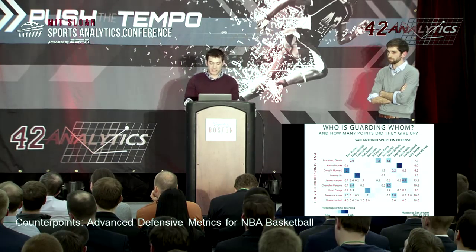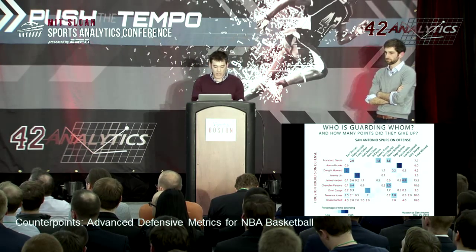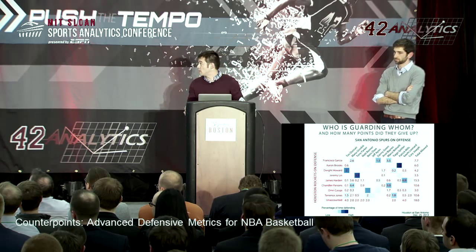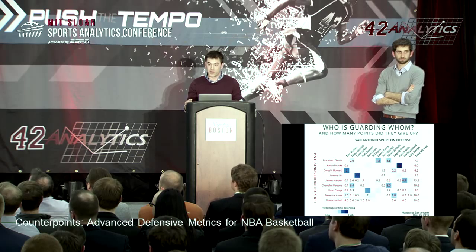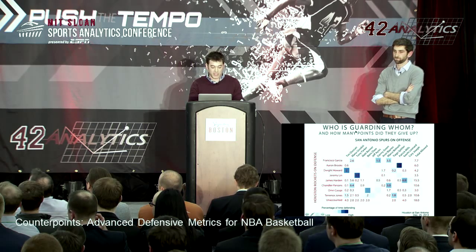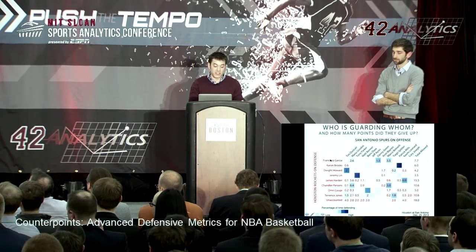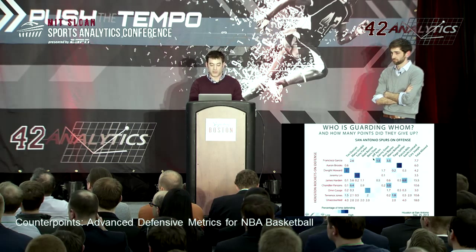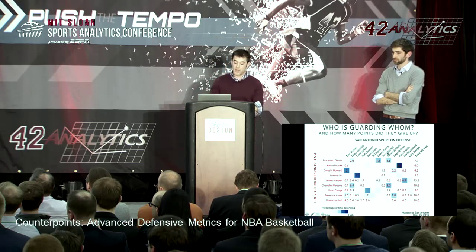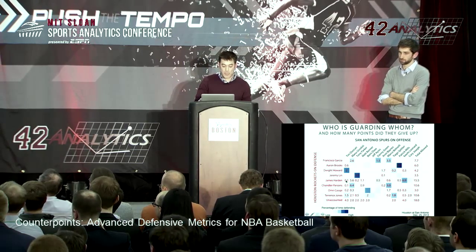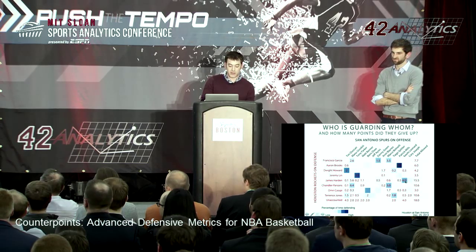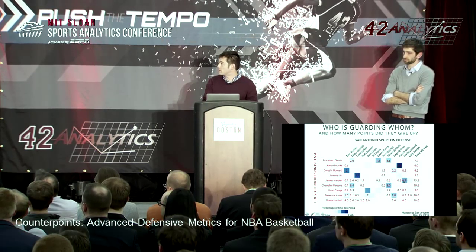And doing this allows us to populate something that we're terming the matchup box score. So using the who's guarding whom model and the fractional counterpoints and shots against, we can summarize the defense of the Rockets against the offense of the Spurs in that same December 25th game. And we can see that James Harden's most likely matchup was Kawhi Leonard, as indicated by the blueness of this box.